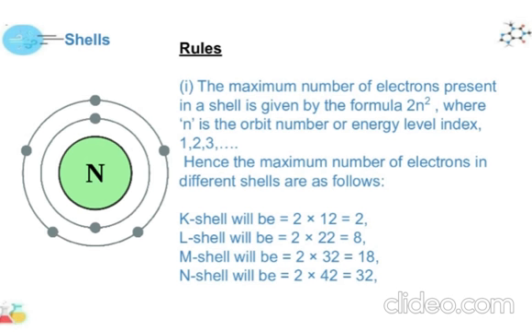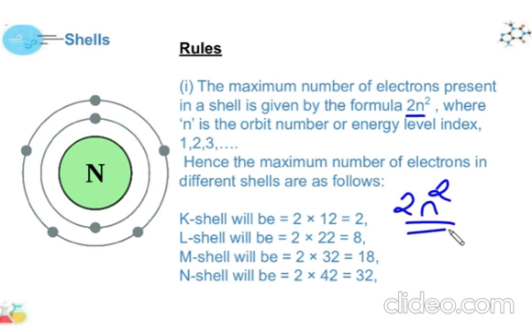Now, there were a few rules. You can't put anything anywhere in the shells. We use shells for the number of electrons, and how we put them is known as electronic configuration, or electron configuration. The first thing is that the maximum number of electrons in one shell is given by the formula 2n squared.